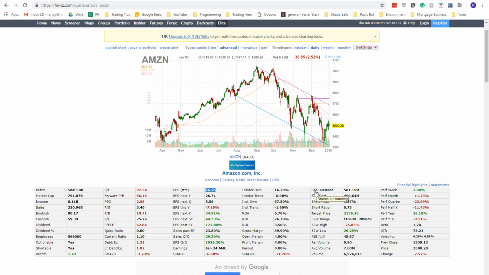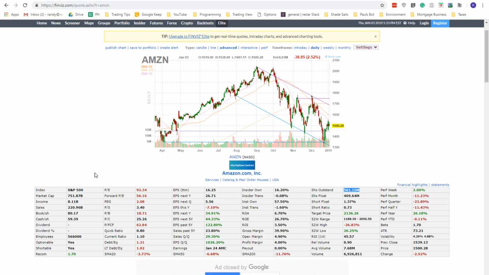Well, it has outstanding shares of 501 million shares. So for each of those 501 million shares, it's made $16.25. And that's shown right here by your income of $8 billion, essentially. So you can actually derive values based on the sales, based on the shares.